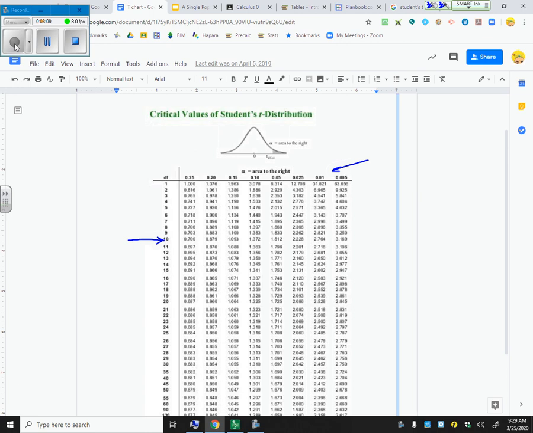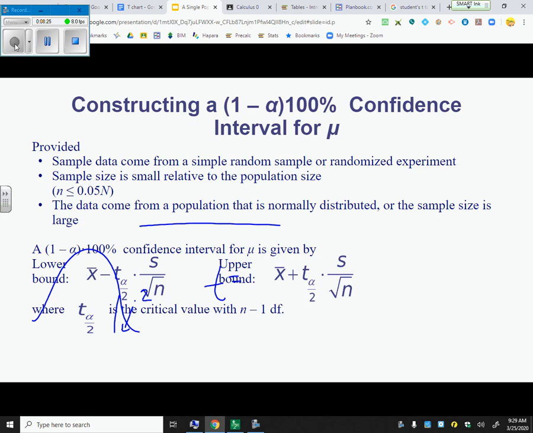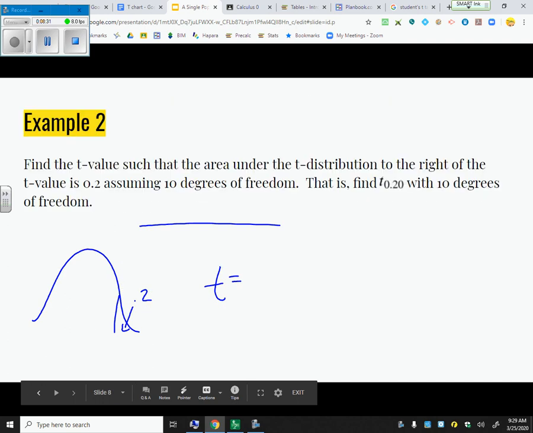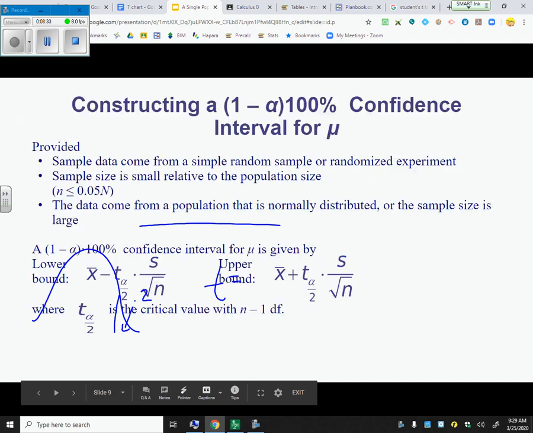And I'm interested in whenever this area, and sure enough, I do have it shaded right here on the right, is 0.2. I find where these meet right there at 0.879, and that is my answer.